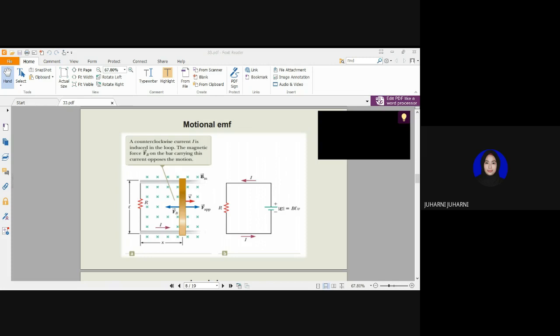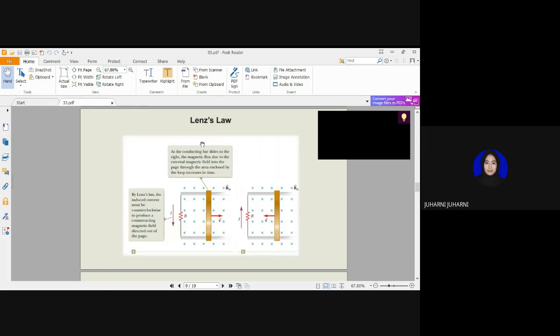Okay, maybe for EMF, Mr. Fahrudin has explained clearly. I think so, because I also watched your meeting. So maybe we can move on to Lenz's law.